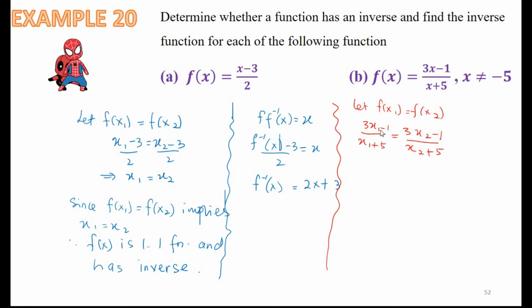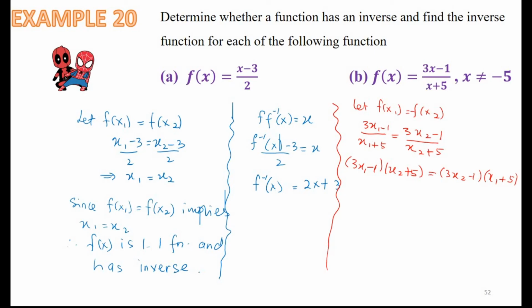Now you have to simplify this one. You can cross multiply: 3x1 minus 1 multiplied by x2 plus 5, and 3x2 minus 1 multiplied by x1 plus 5.